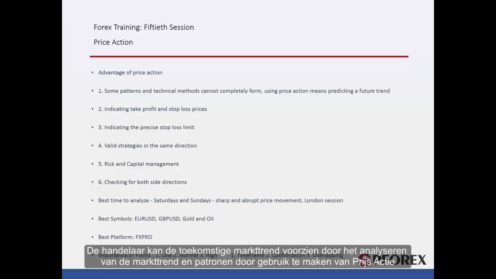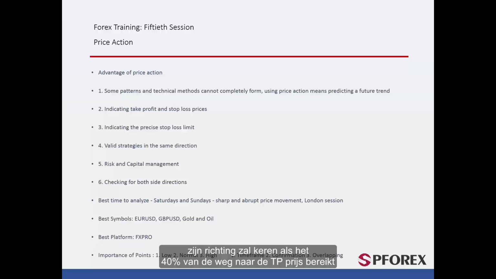A trader can foresee the future market trend by analyzing market trend and patterns by utilizing price action. For example, a trader can speculate that the trend will proceed to the TP price generated by a certain pattern or trend, or will reverse its direction as it reaches 40% of the path towards the TP price.